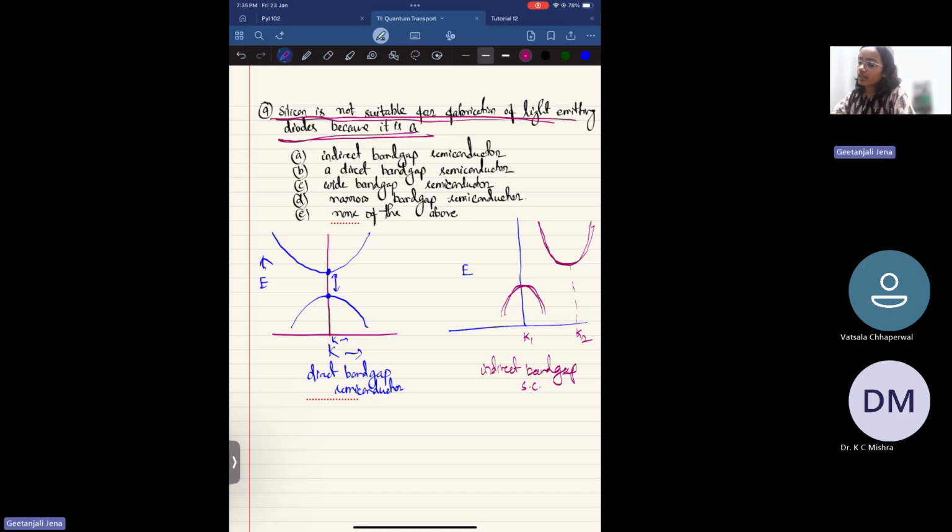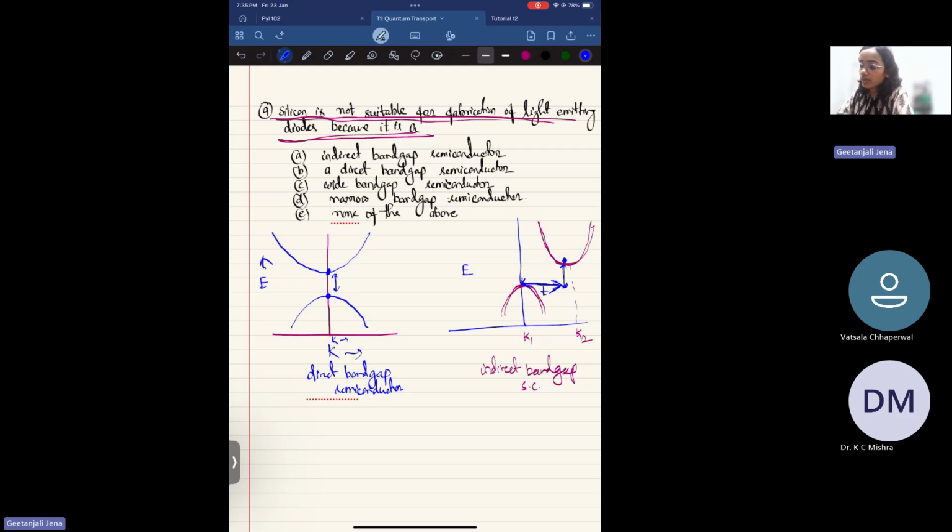So whenever the electron makes a transition from the highest state to the lowest state, there will be a change in energy, and also a change in momentum. They should follow this rule. Because of this additional constraint, whatever energy is utilized for the change in momentum is lost to lattice vibration.